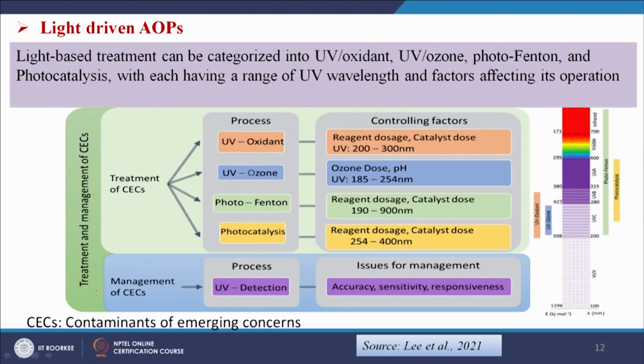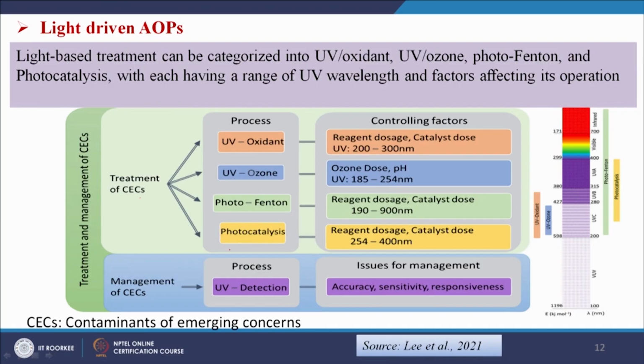Now, light driven AOPs. In the case of light driven methods, certainly light will be used, and different wavelengths of light will be used, as we will see in this slide. You see contaminants of emerging concern, that is CECs. For treatment of CECs, there are a number of processes like UV oxidant, UV ozone, photo-Fenton, photocatalysis.